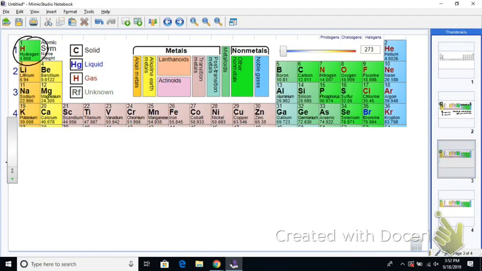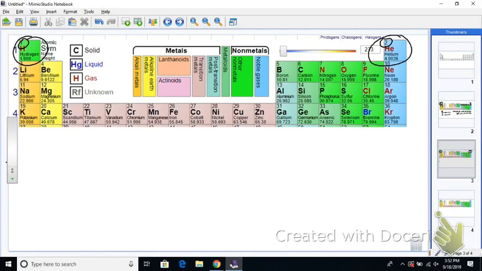and we compare it to helium, the atomic number increases by 1. So helium has 2 protons in it, because of this 2, and hydrogen has 1 proton in its atom, right?